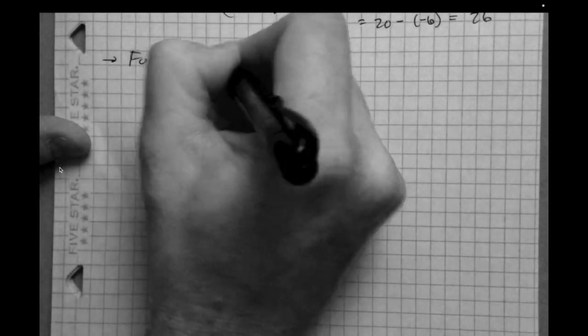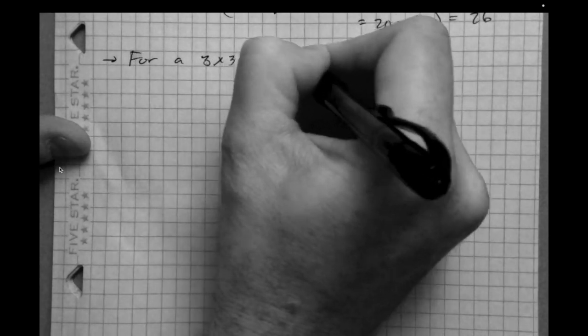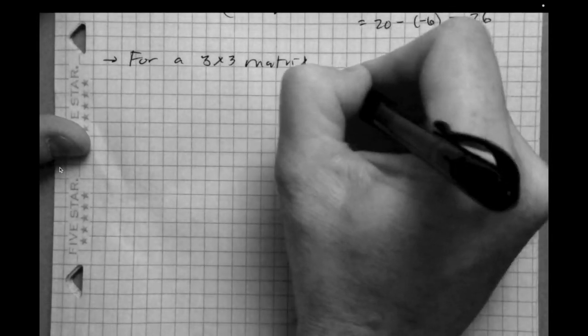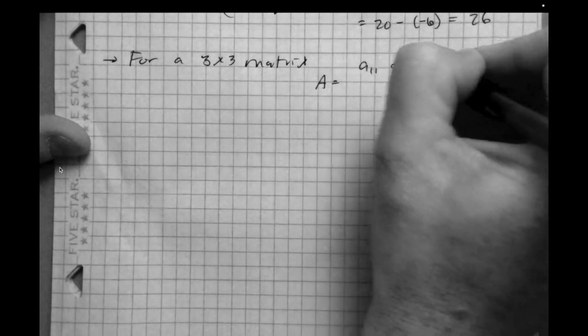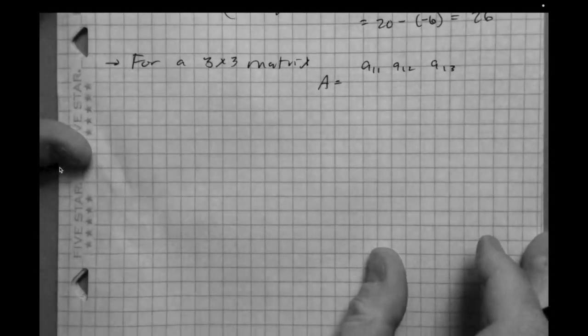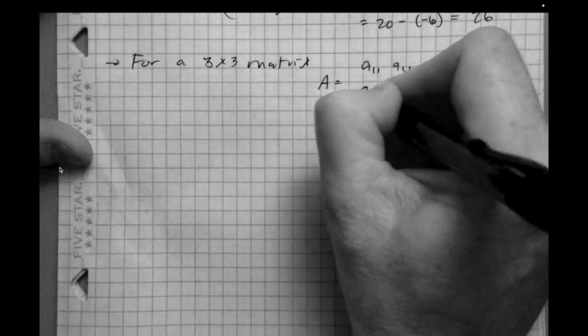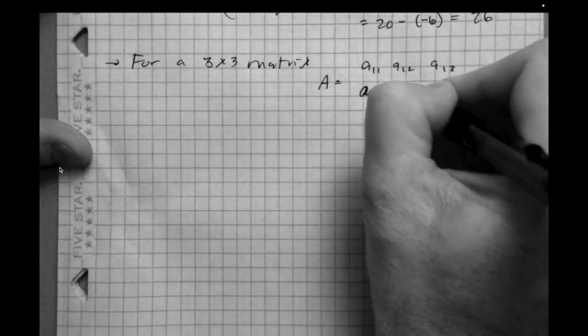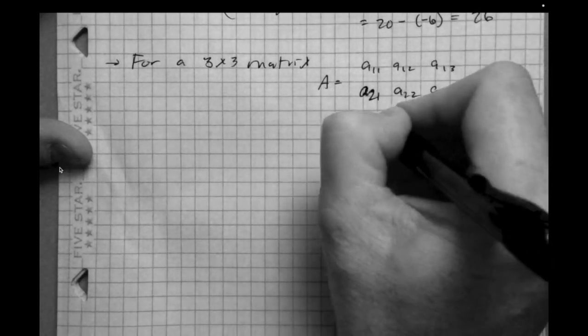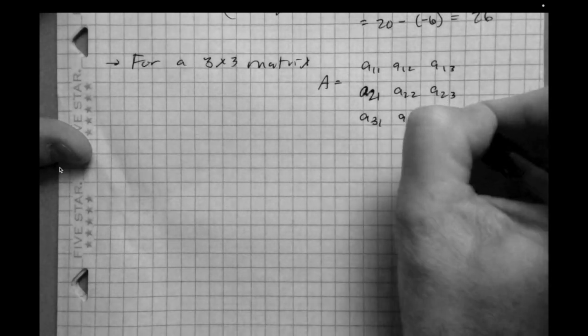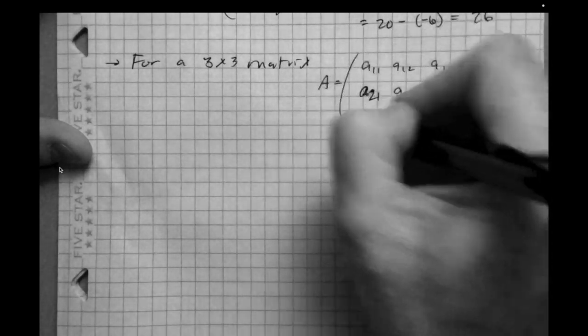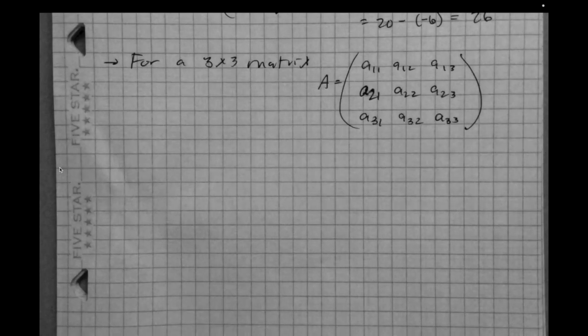So for a 3 by 3 matrix, in this case A will be A11, A12, A13, and then A21, A22, A23, A31, A32, A33, right? So the 3 by 3 matrix looks like this.